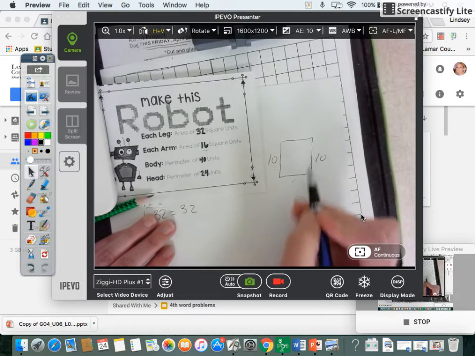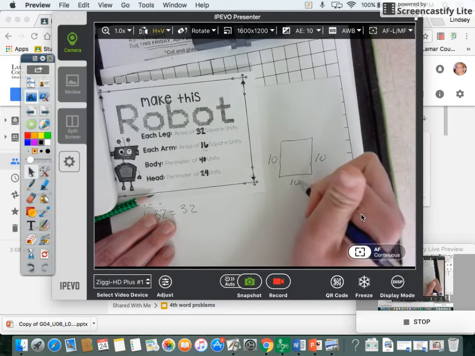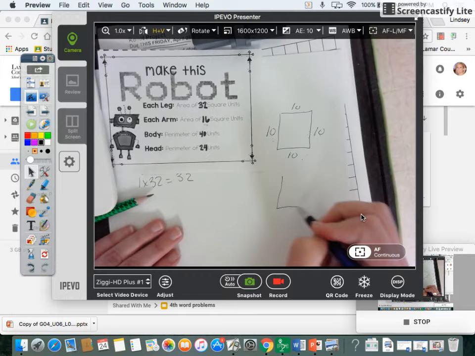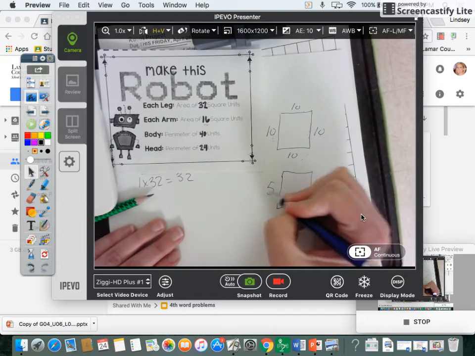How can we make a perimeter of 40? What would this side and this side be? 10, yeah, 10 and 10. Okay. Let's do another one. Perimeter of 40. Give me another number other than 10. It could be any number. It could be 11. It could be 12. It could be 9. It could be 3. Which number? 5. So if I do 5, this is 5 and this is 5.